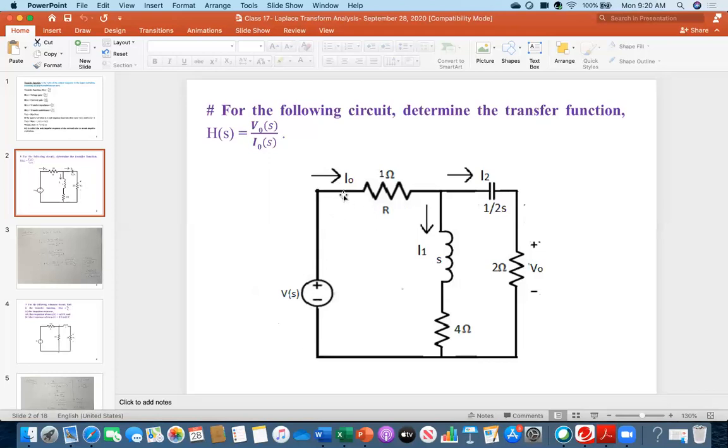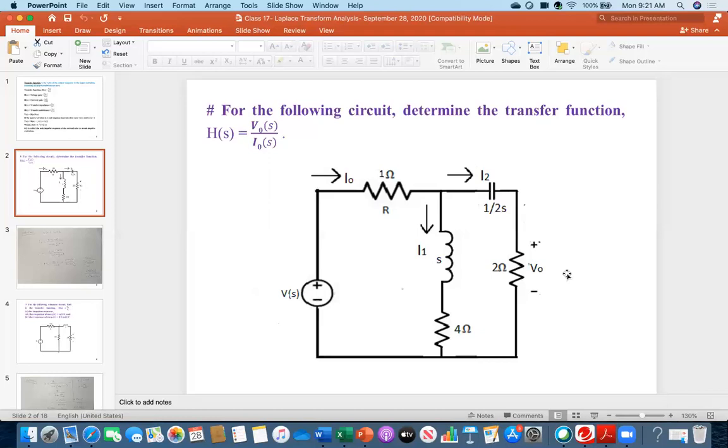And once you know the I naught, then you apply the current divider rule at this point, because this current is coming, and after coming at this point, it is being divided into two parts. One part is I1, the other part is I2. So you have to find out I2. Once you can calculate the total current I naught, then you can easily find out I2 and then multiply by 2. That will be your V naught. Everybody, could you follow me?